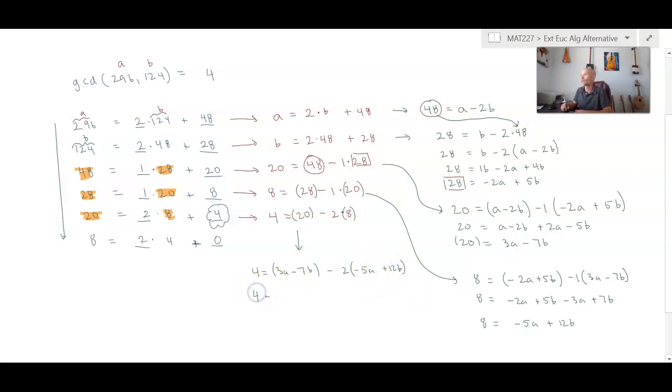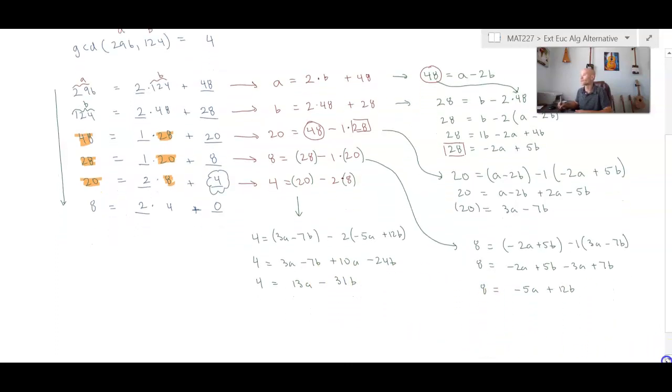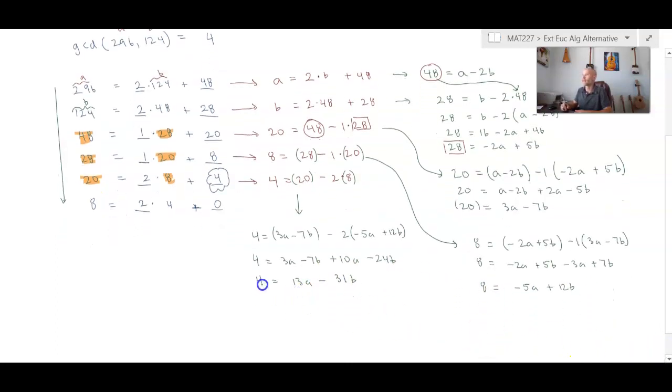And this gives me 4 equals 3a minus 7b plus 10a minus 24b. And so if I combine like terms, I get 4 is equal to 13a minus 31b. In other words, now that we're done, this is the GCD between a and b.